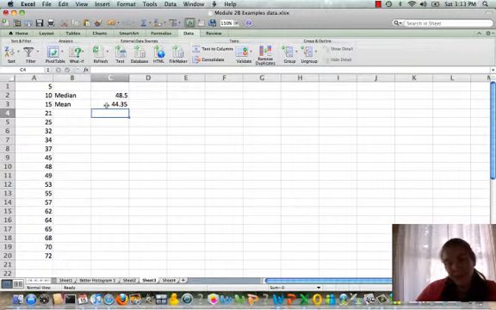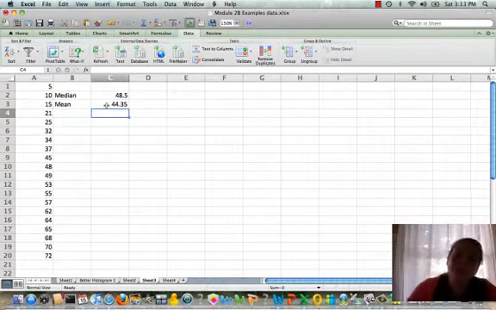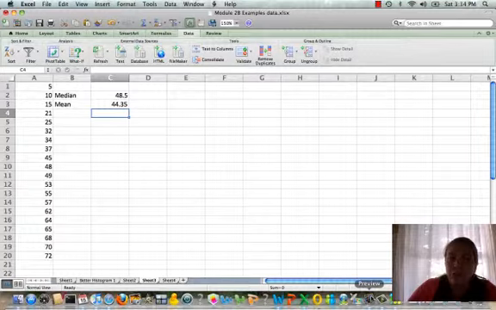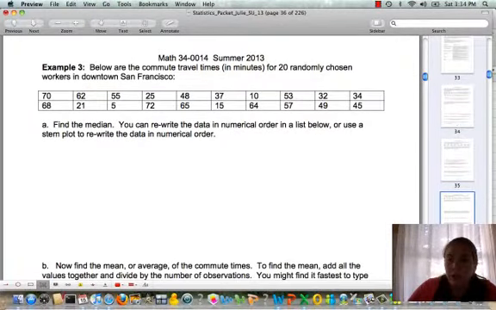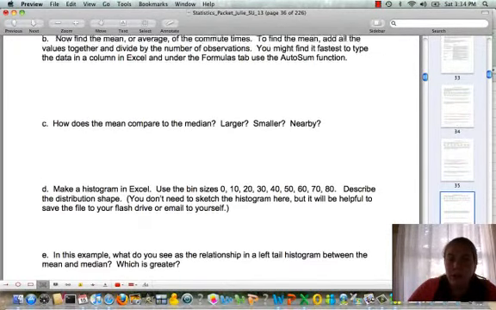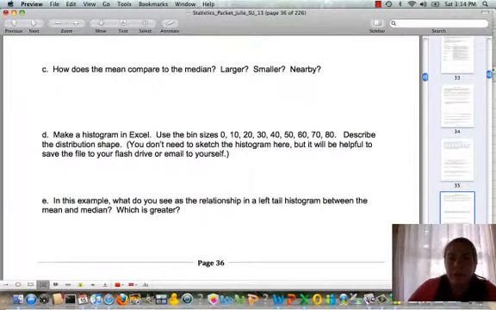So part C is asking, how does the mean compare to the median? What's larger or smaller, or are they pretty close? In this case, the mean is smaller than the median. So let's go back to example 3 and note this down.